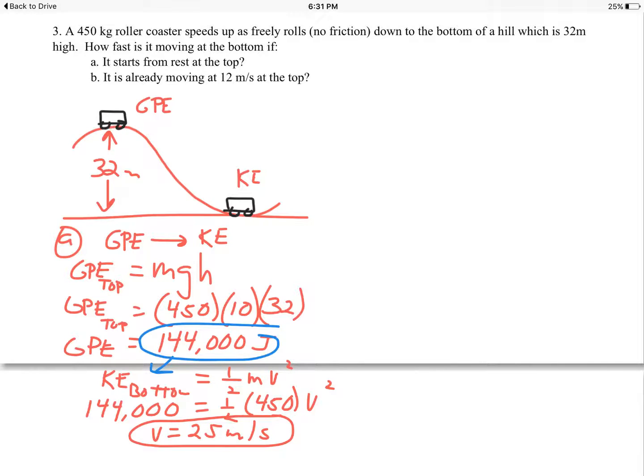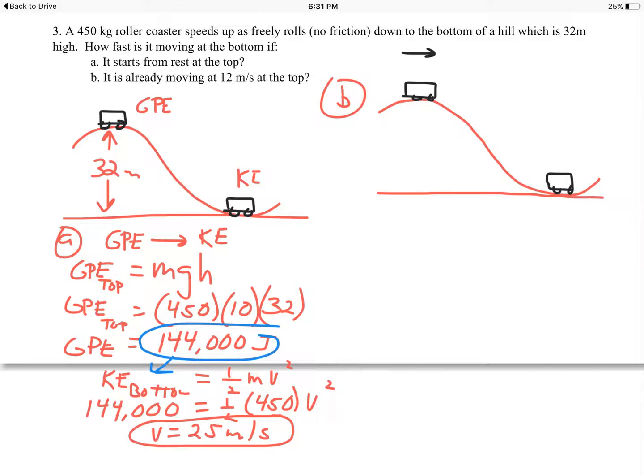Now, part B. The car is starting with a kinetic energy at the top and a GPE at the top, and it will have a new kinetic energy at the bottom. So what happens here is the GPE at the top plus the KE at the top will combine to then equal or transfer to the KE at the bottom.